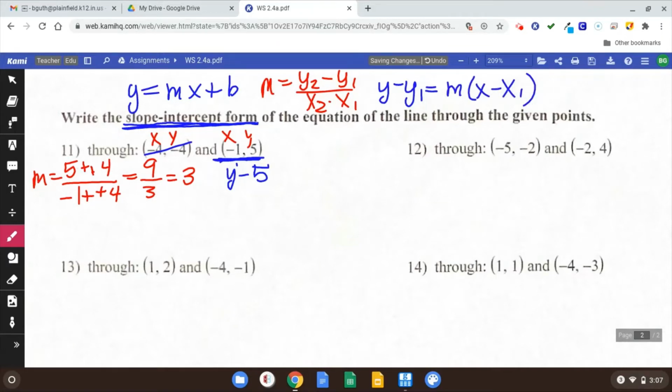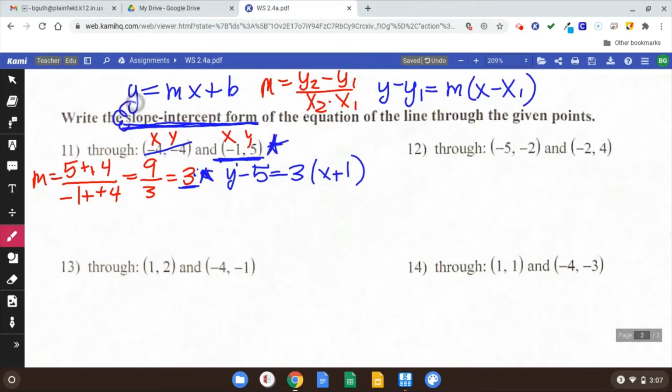So y minus y number equals m, which was 3, times x minus my x number. So minus -1 is going to be +1. Minus -1 is +1. I used this point and this slope to get my point slope form.